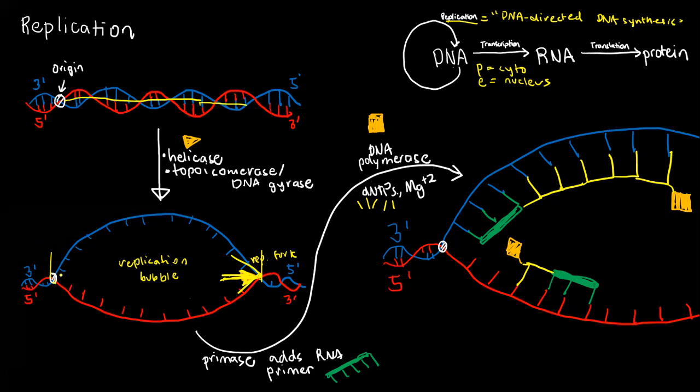Now, once we do have this replication bubble being formed by the helicase enzyme and becoming larger and larger, we have to recognize the fact that at other points of the DNA strand, there's continuously a building up of tension. It's as if, as my bubble here or this gap right here becomes larger, you could just imagine that the rest of the things right here are becoming more compact.